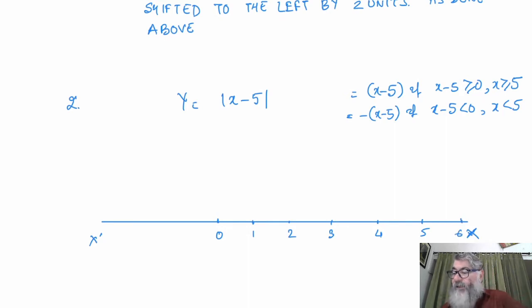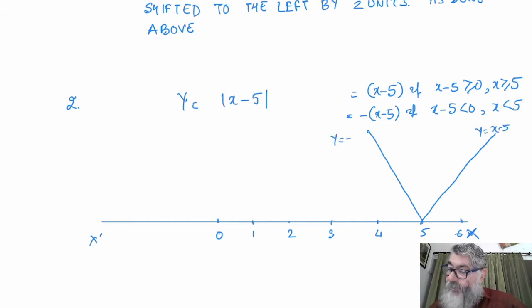At 5 I'll draw the graph, a V-shaped graph. This straight line is y is equal to x minus 5 and this line is y is equal to minus x minus 5.